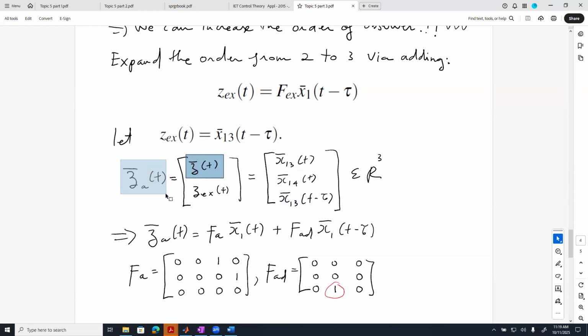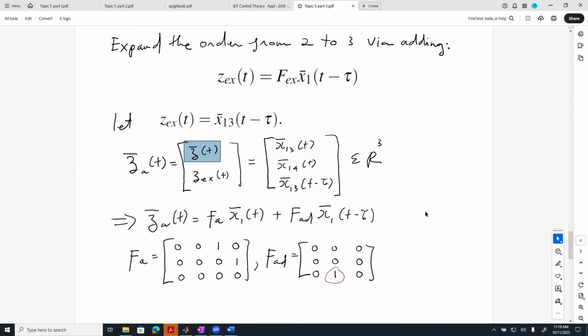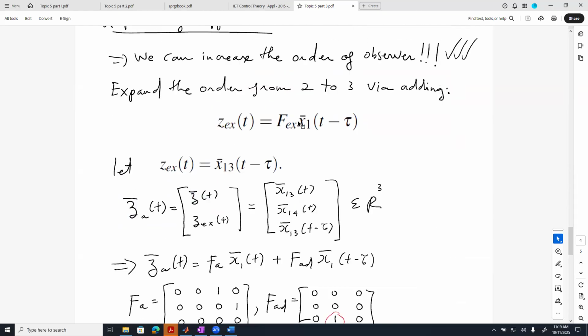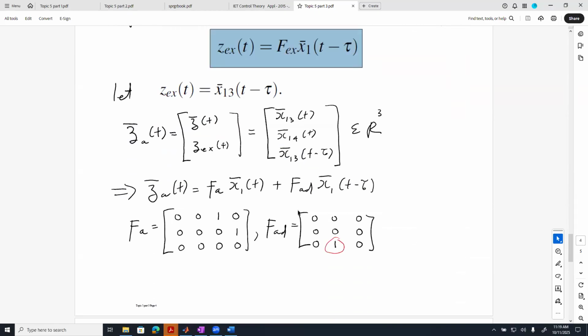We just pick the first two of it, and that will give us this estimation. So the idea here is very clear. We add in an extra functional, and we call this augmented generalized functional no longer two functionals, but three functionals.